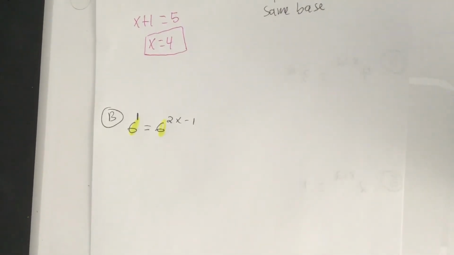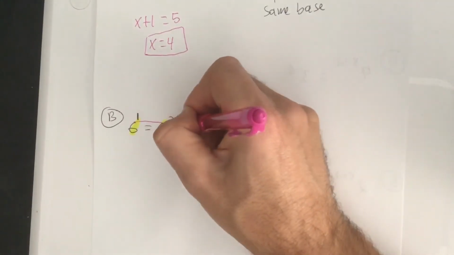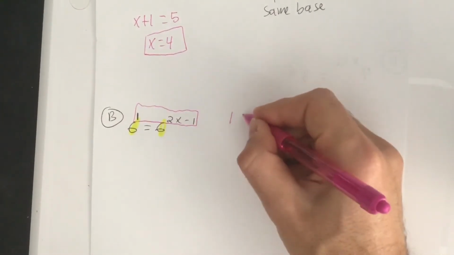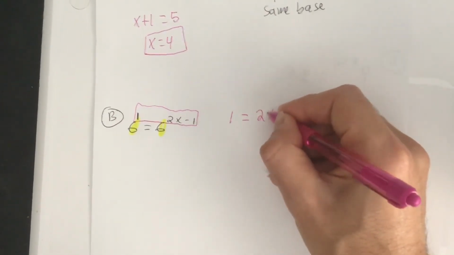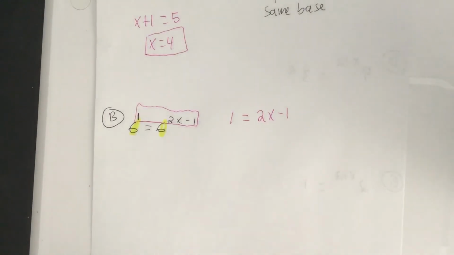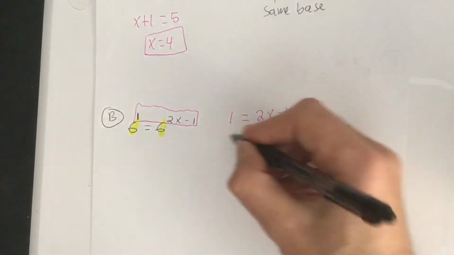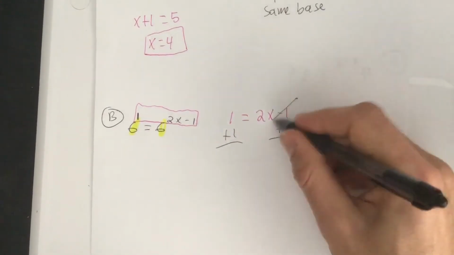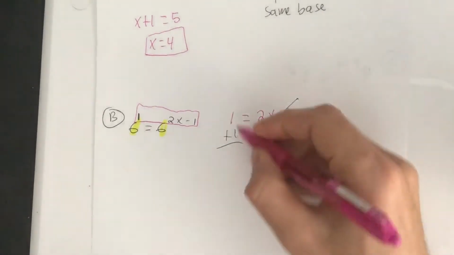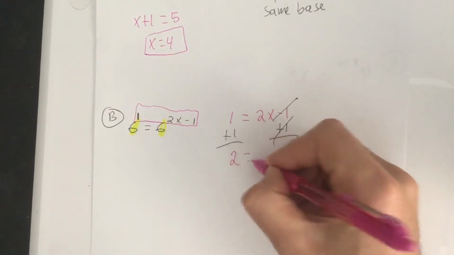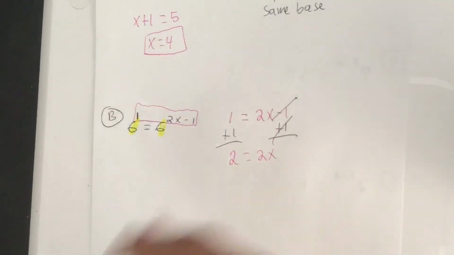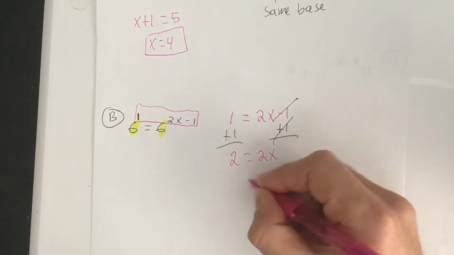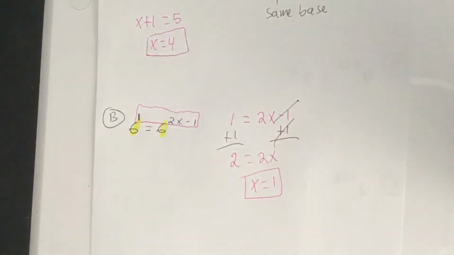So same base. We can equate the exponents and solve for that. So 1 equals 2x minus 1. We solve the equation by adding 1 to both sides of the equation. Cancel, cancel. And we got 1 plus 1 is 2 equals 2x. Divide both sides by 2, I should be getting the answer, which is x equals 1. Questions?